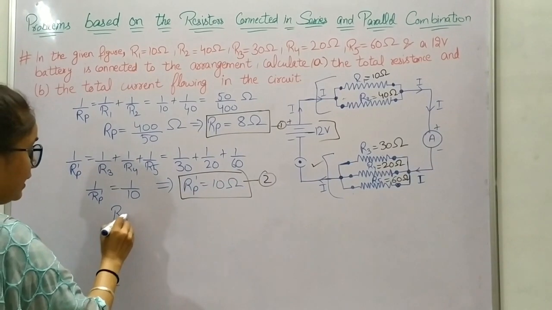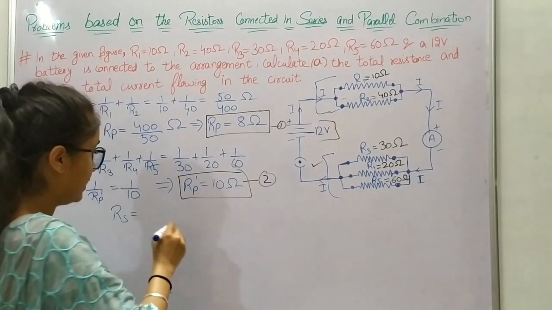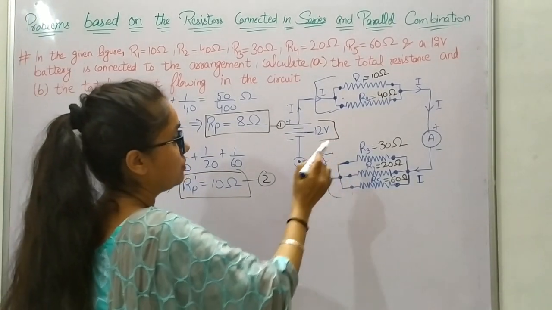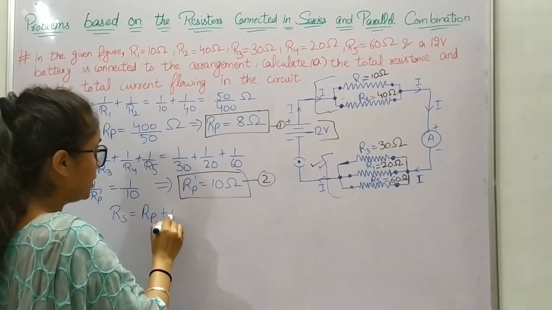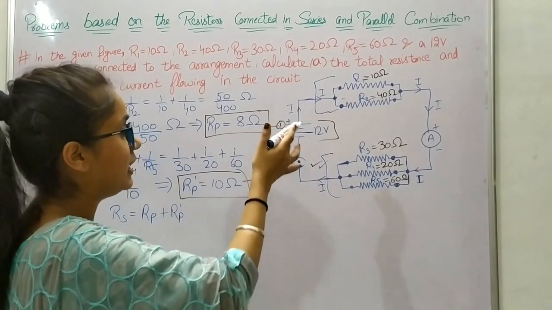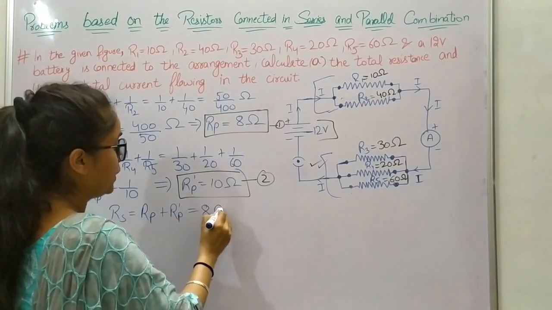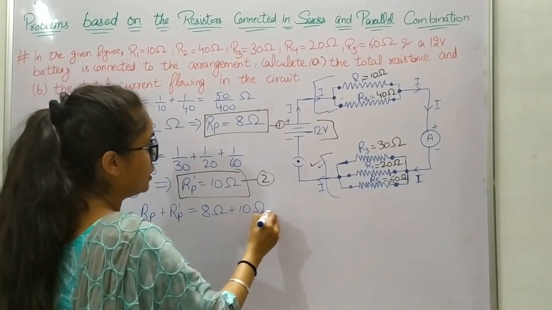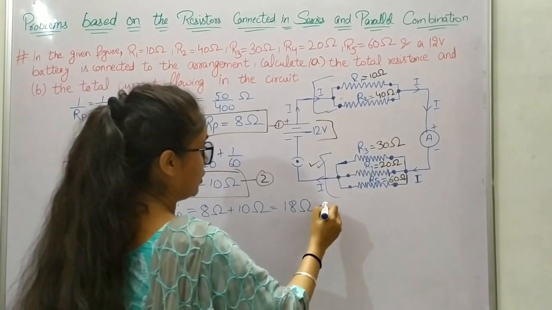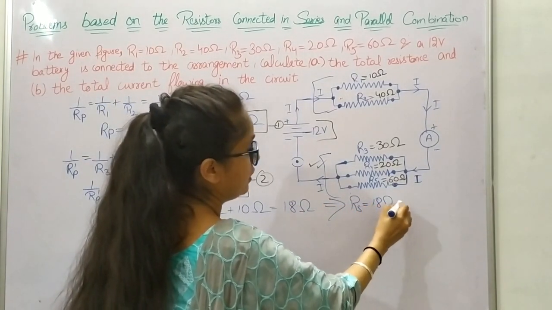It is Rs equals the resistance we found from this part, that is Rp from equation number 1, plus the resistance we found from this part, that is Rp dash from equation number 2. It's the sum of Rp and Rp dash, and Rp is 8 ohm, Rp dash is 10 ohm, so it would be 18 ohm. That means our total resistance, that is Rs, is 18 ohm.